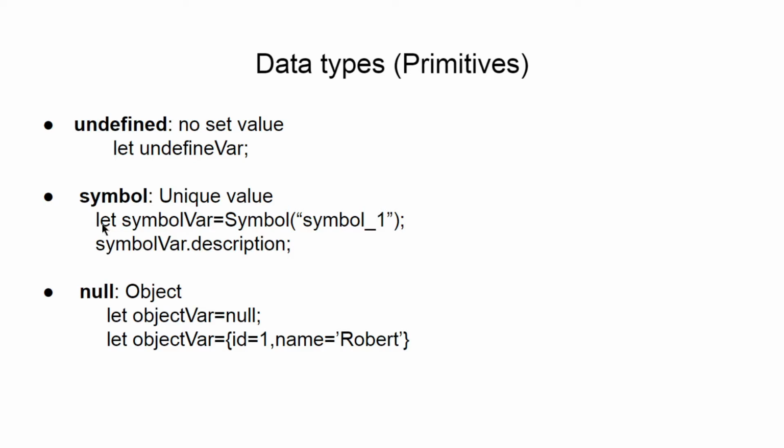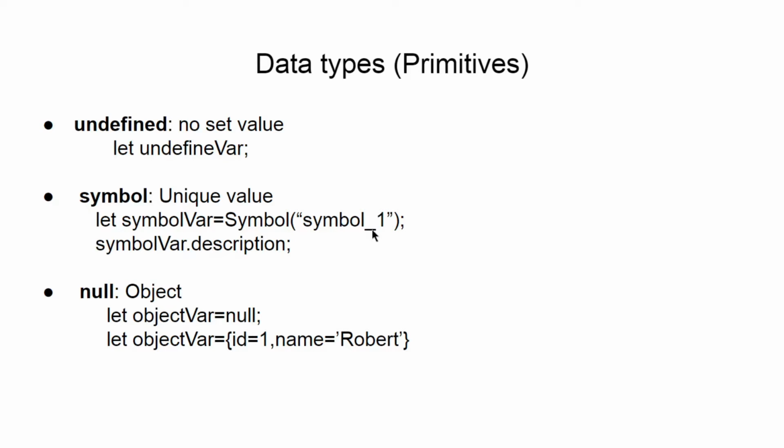You declare this data type using a similar pattern: the let keyword, the name of the variable, the assignment operator, and you have to use the function Symbol, passing the name of the symbol as a parameter. In this case, the name is symbol1.